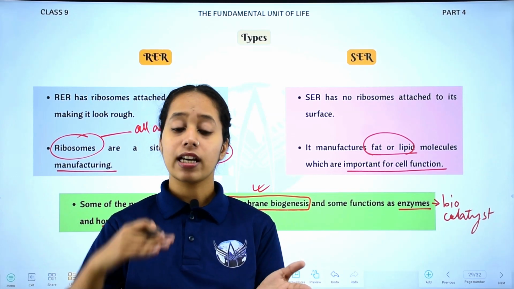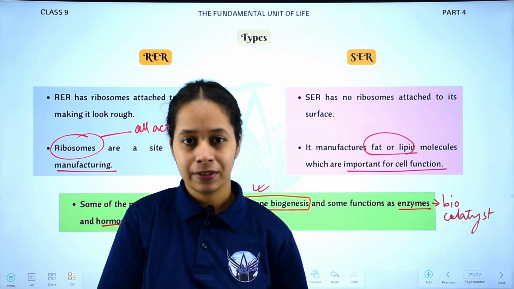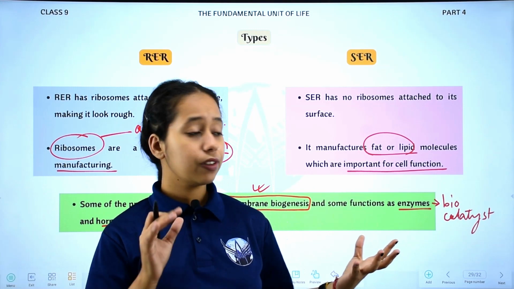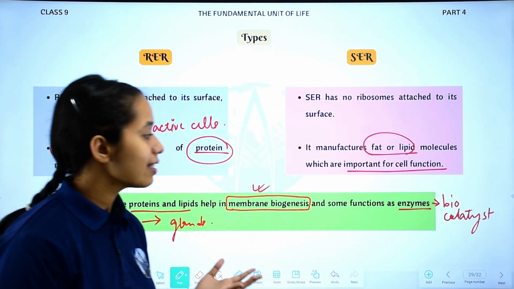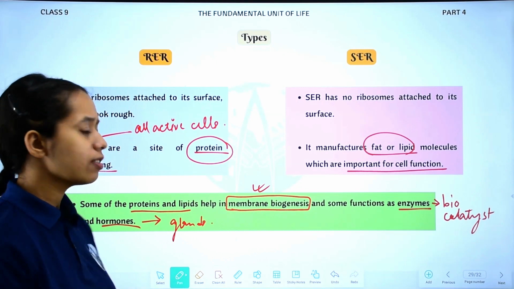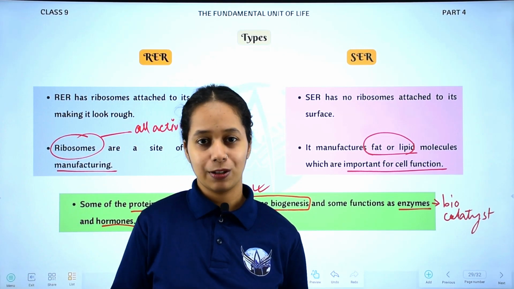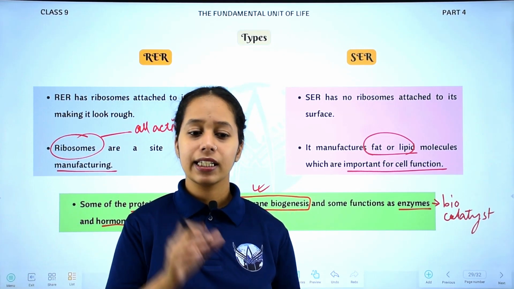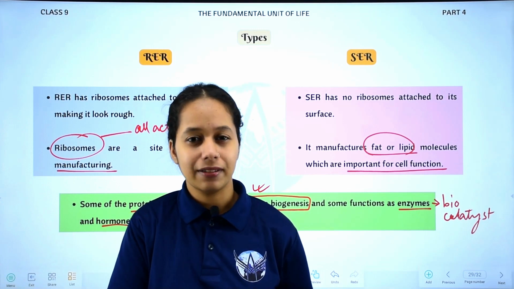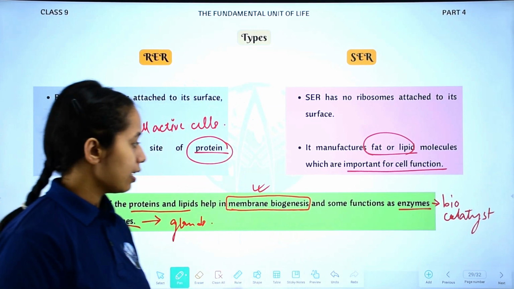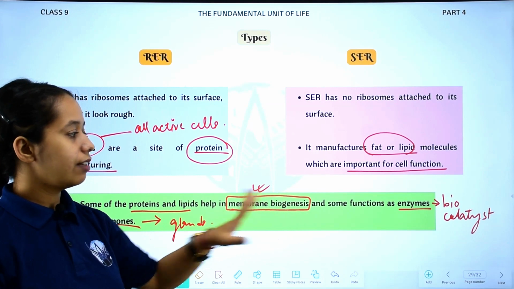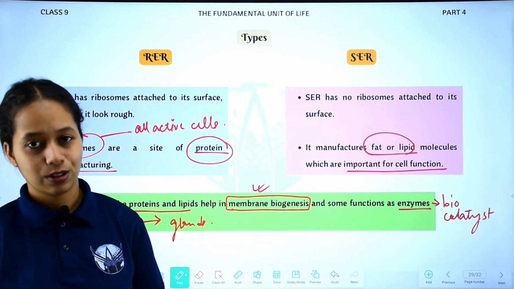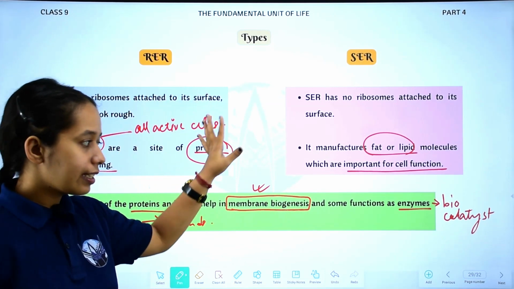These hormones are released directly into the bloodstream. We will discuss enzymes and hormones in detail in some other class. For now, let us keep our discussion limited to the ER, endoplasmic reticulum. So some help in membrane biogenesis and some function as enzymes and hormones. So we discussed the types.